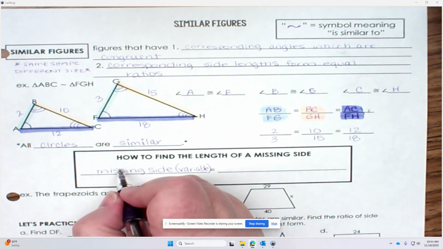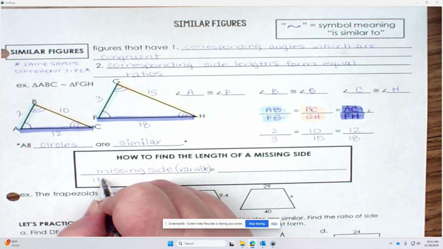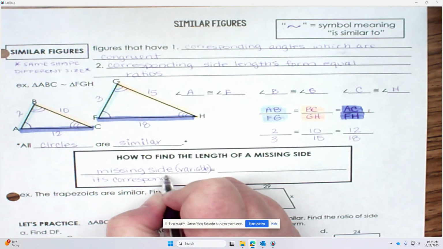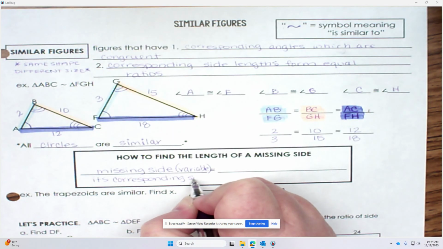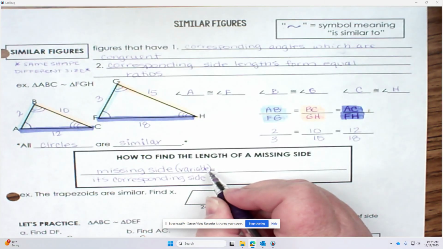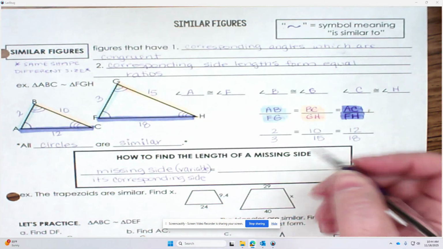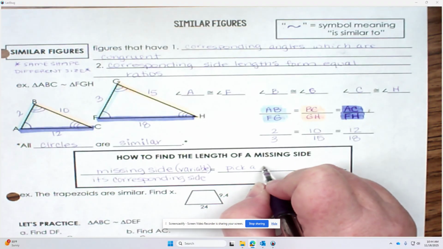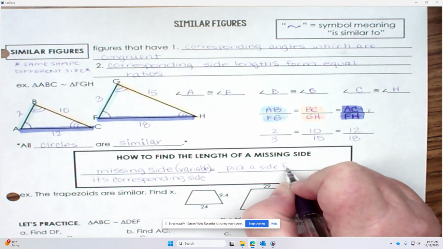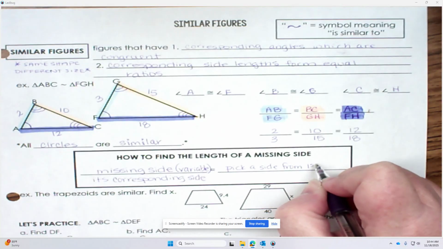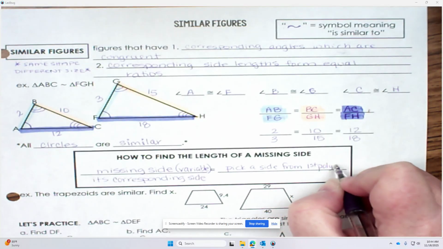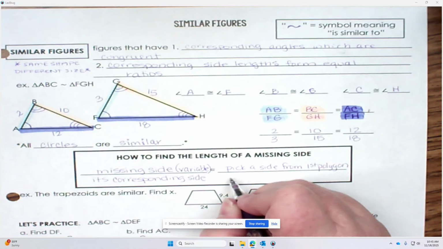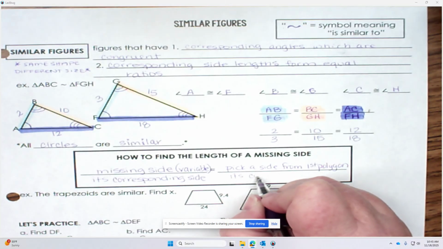And then we're going to put that over its corresponding side. And we're going to make that equal to a side we pick from. So pick a side from the first polygon. Remember, polygon is just a fancy way of saying shape. And put that over, once again, its corresponding side.